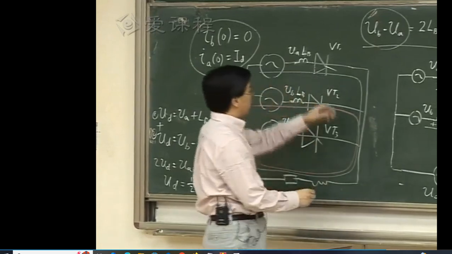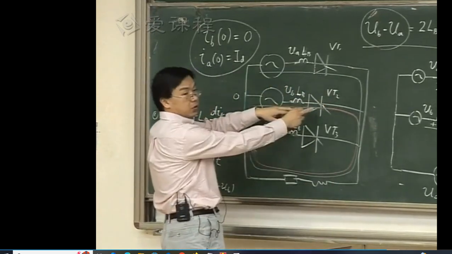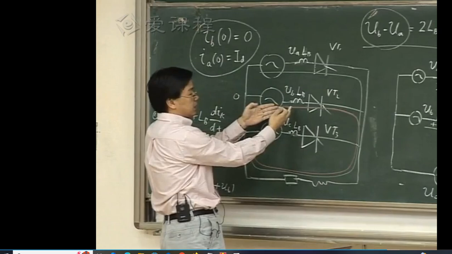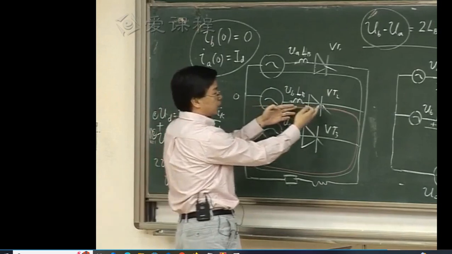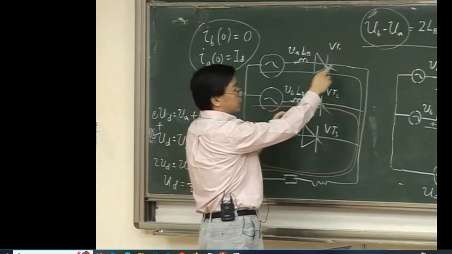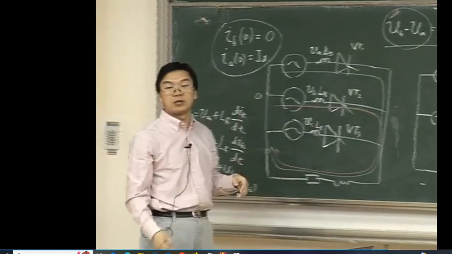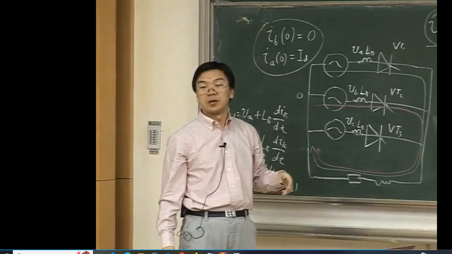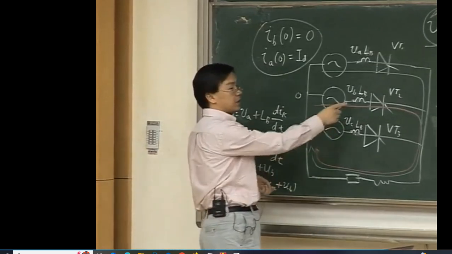Why, when I trigger VT2, will the current through VT2 gradually increase, and the current flowing through VT1 gradually decrease? Why is that? Because of voltage, right?